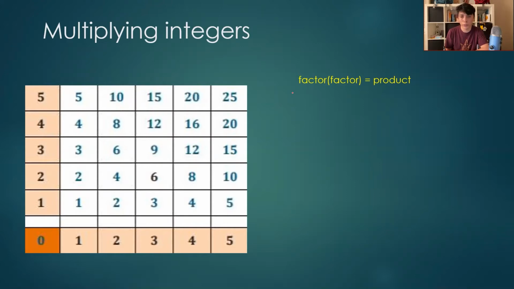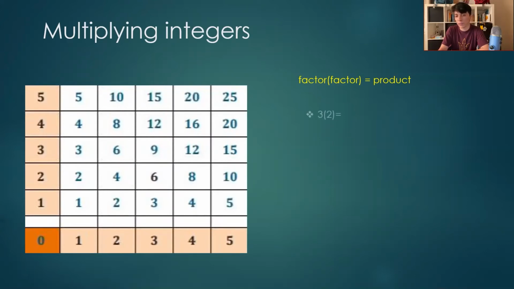It was just an easy tool to help us practice our memorization of math facts. But here we're going to use it just to see a few patterns between multiplying positive and negative integers.